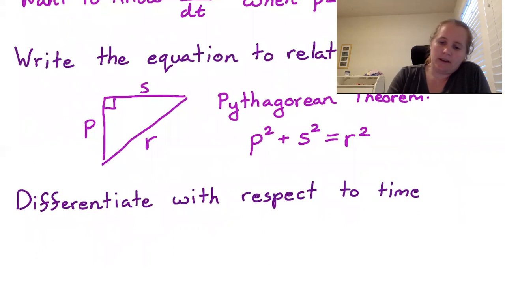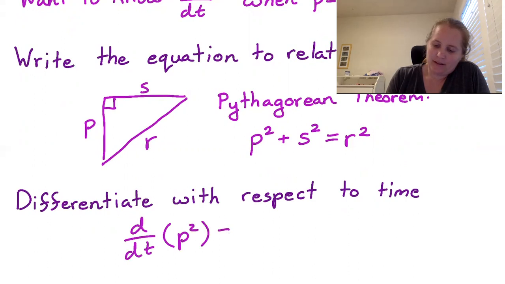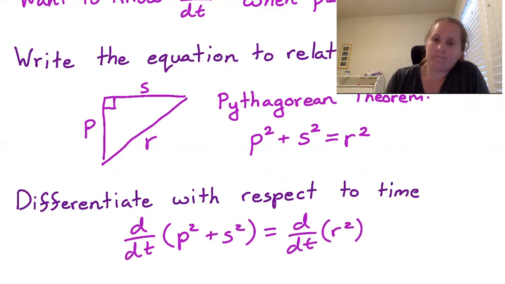And so we have d/dt of p squared plus s squared is d/dt of r squared.